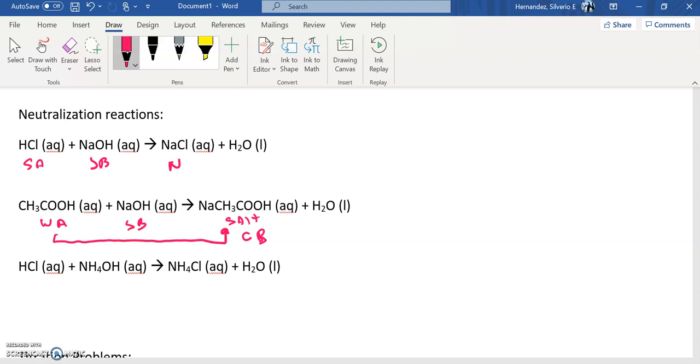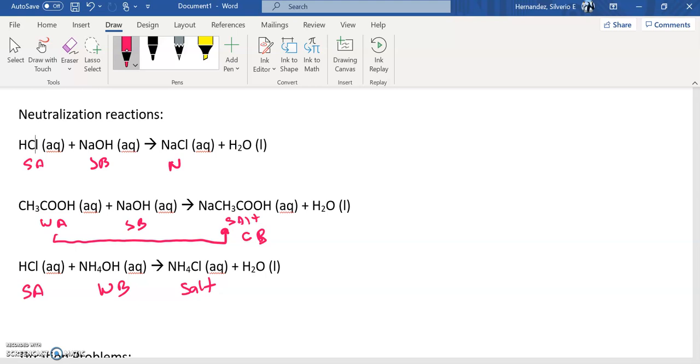So, basic salt. In the next reaction, we have a strong acid plus a weak base. And in this strong acid, weak base reaction, we're going to get again a salt that is produced, and then we're going to get some water in the form of a liquid.